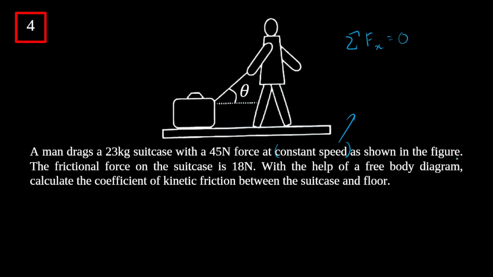The frictional force on the suitcase, in the opposite direction, is 18 Newton. With the help of a free body diagram, calculate the coefficient of kinetic friction between the suitcase and the floor.